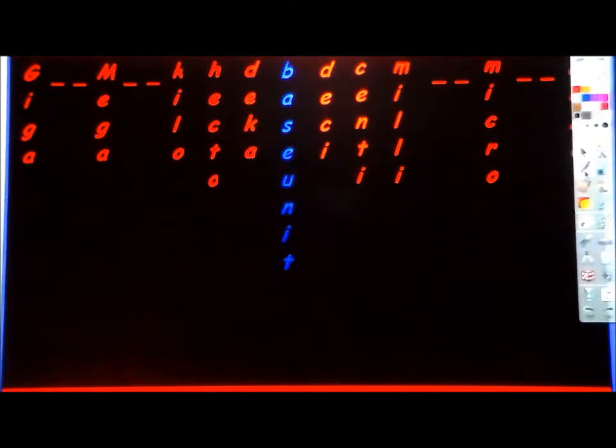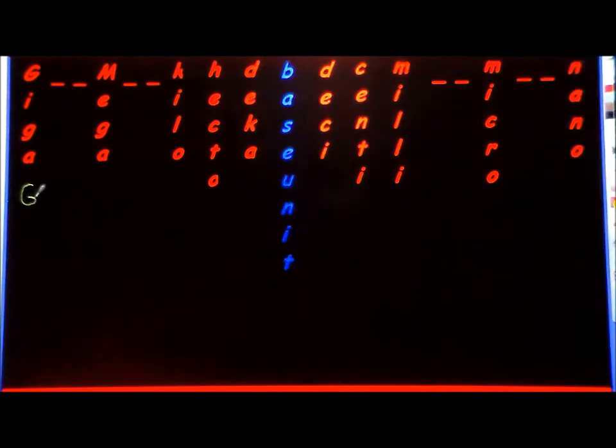The symbols for each of these: giga is a capital G, mega is a capital M, kilo is a small k, hecto is an H, deca is actually usually a DK because we need just the D for deci.